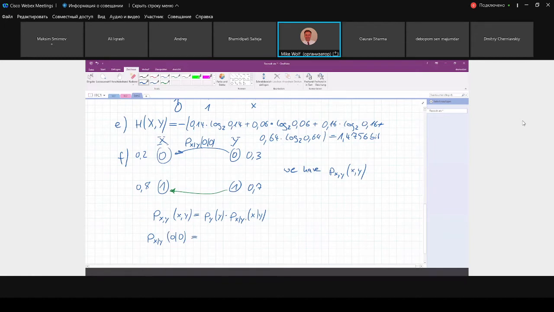This is, of course, the joint probability. So the joint probability of 0 and 0 is 0.14. Divide this by this probability of 0.3, and this is, I have to look, 0.66.